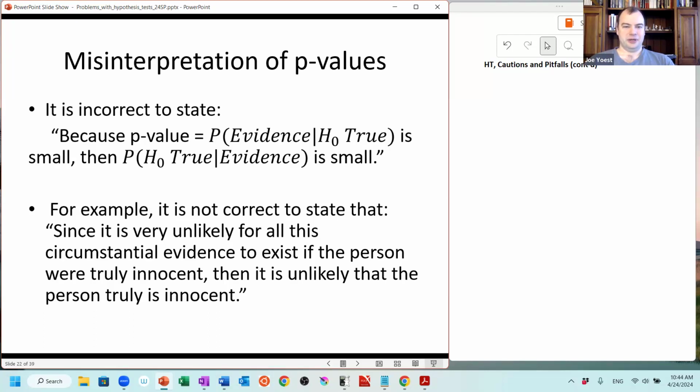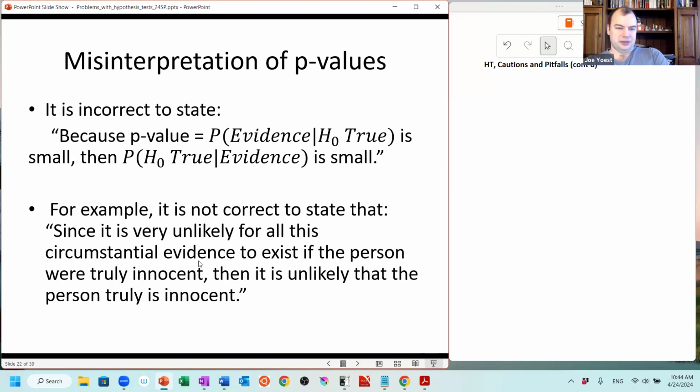The bank robber was seen to have this height, and this person has the same height. They had red hair, this person has red hair. They got into a blue Toyota Camry, this person owns a blue Toyota Camry. How could all this circumstantial evidence line up against this person if they were innocent? I think it would be very unlikely. Maybe as a frequentist, I then reject the null in favor of the alternative and declare them guilty.